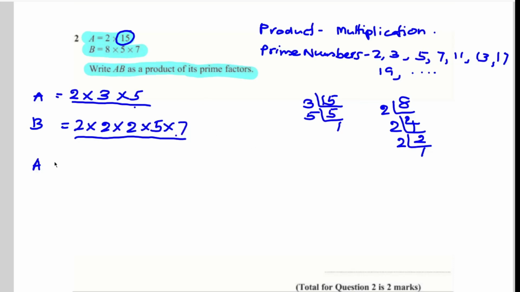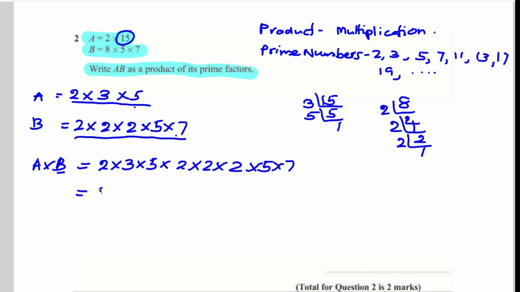Now let's write here A into B. AB means A into B. Now let's write it as a product. A is 3 into 5, and let's write what B is: 2 into 2 into 2 into 5 into 7. Now let's group them, putting the 2's close together.